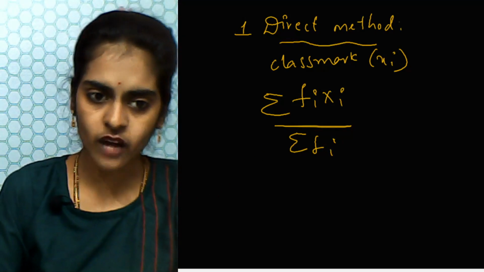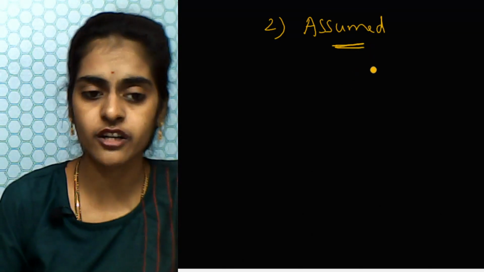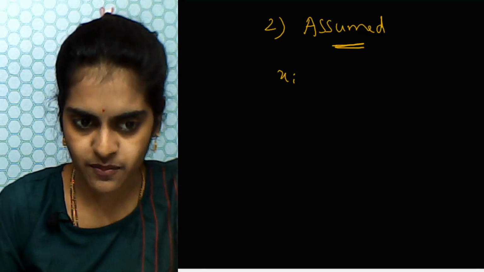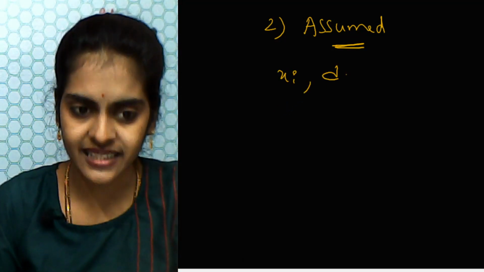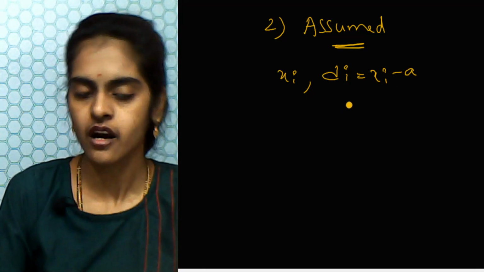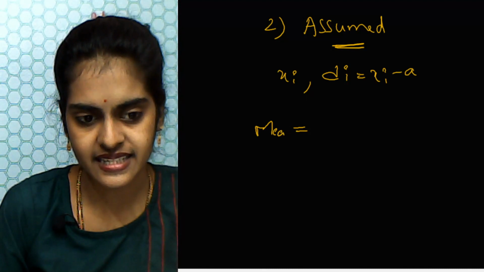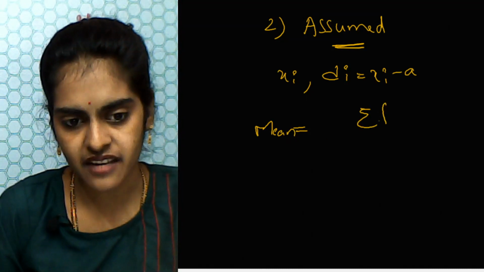Now in the second method you will take an assumed mean. In the assumed mean method, you are calculating the class mark xi and you are also calculating the deviation di. Di is nothing but xi minus a. Now the formula for mean is that you are adding fi di.